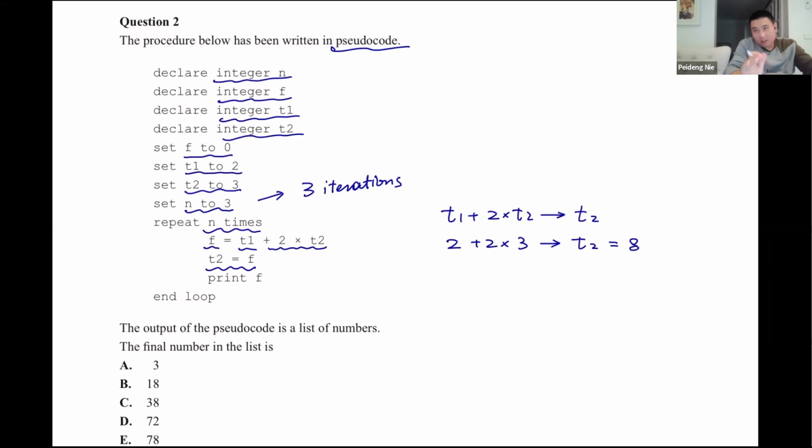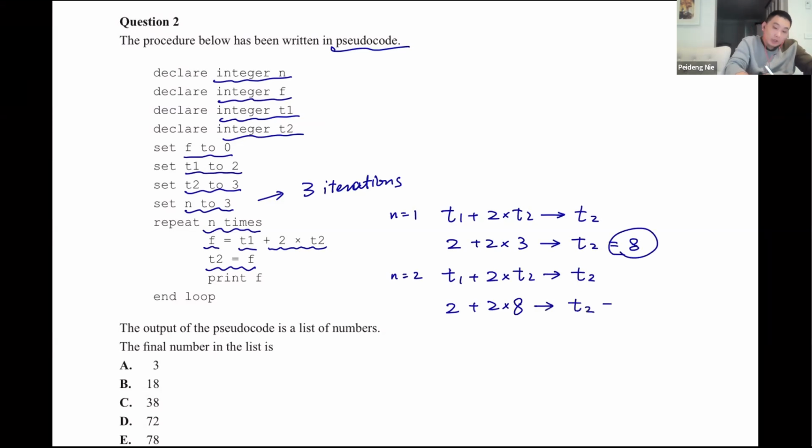Now the next step, n equals 2: t1 plus 2 times the previous t2 gives the next t2. So I'm still using 2 plus 2 times, but this time 2 times 8. That gives me the second t2, which is 18.